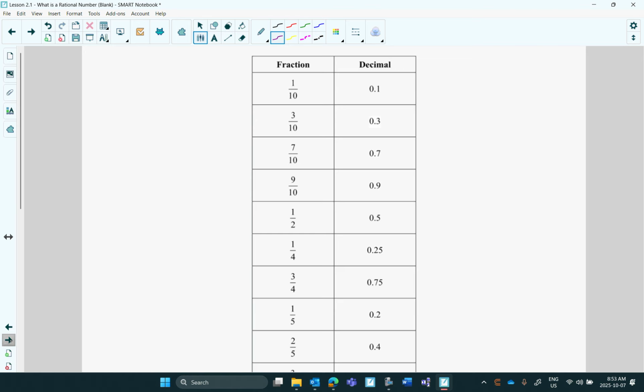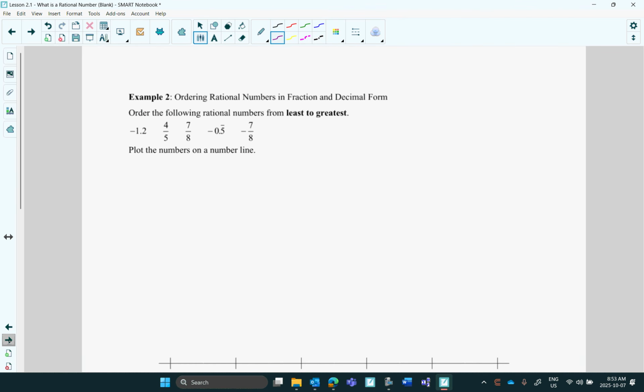You can always change a fraction to a decimal by dividing. So if you're not sure what 9/10 is, just go 9 divided by 10. Two other things I want to look at: how do we order these things, and how do we put them on a number line?